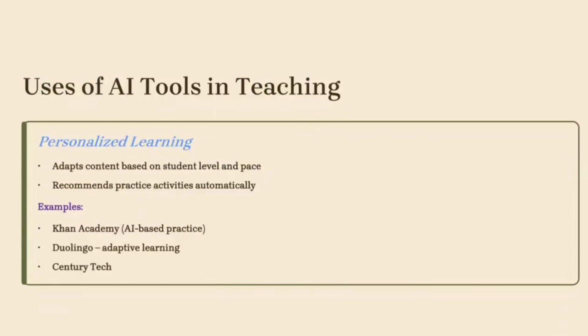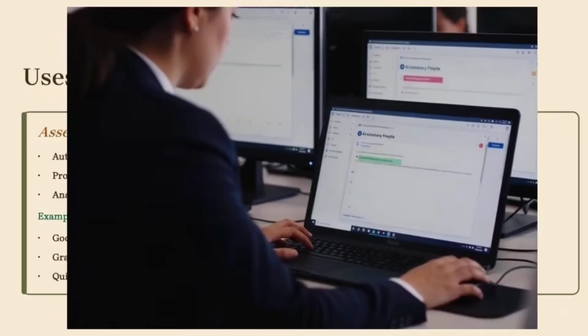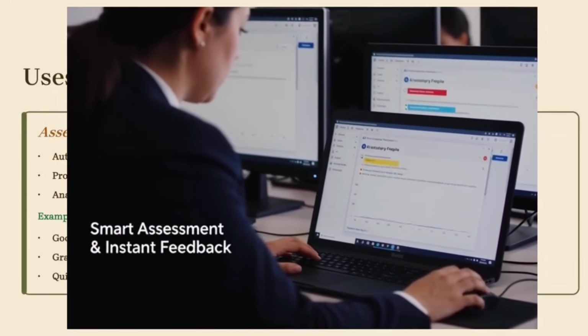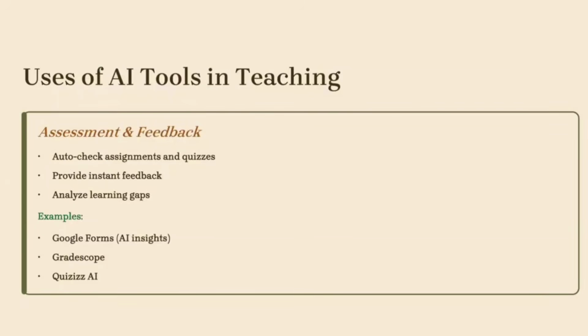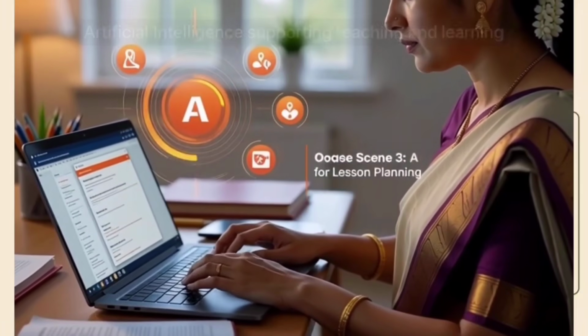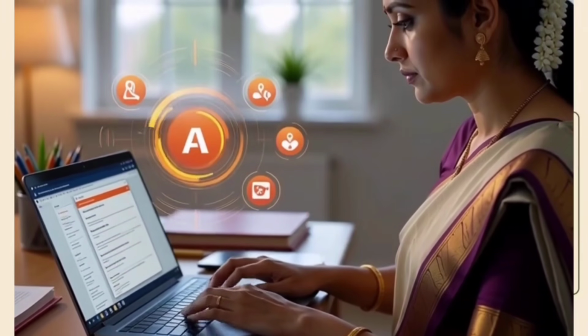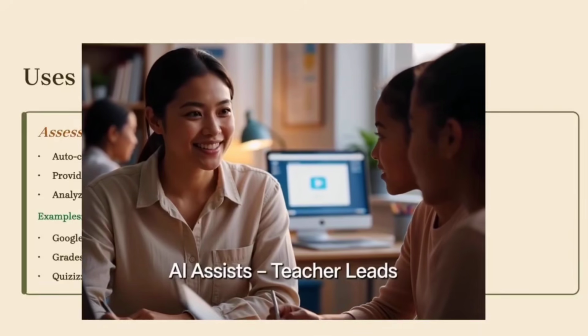So third is assessment and feedback, which is very important. Assessment is a crucial part of teaching, as we all know. So AI tools help by automatically checking assignments, providing instant feedback, which is very important for the teachers as well as for the students, and identifying learning gaps through analytics.